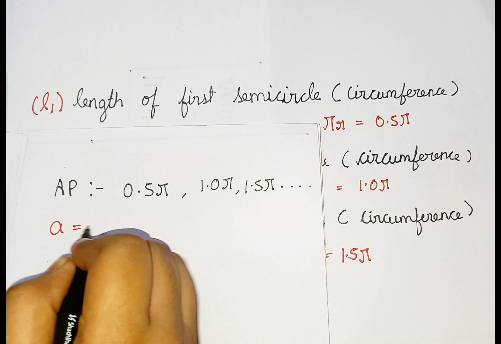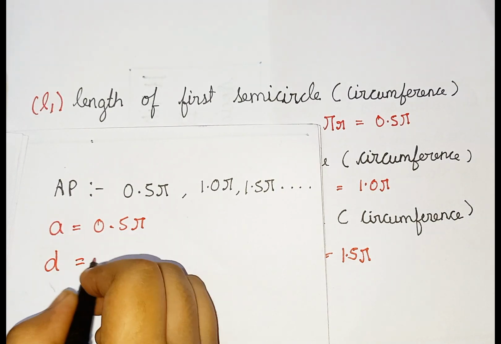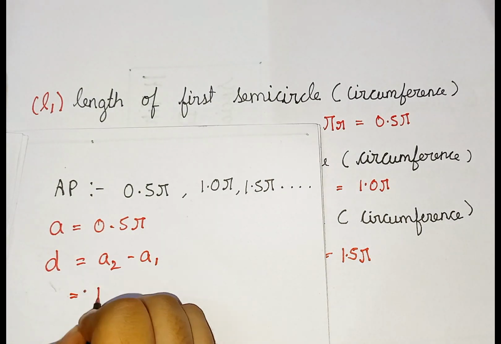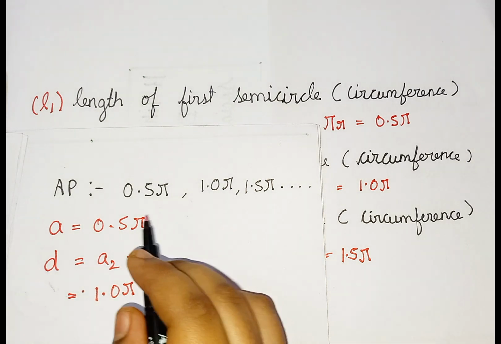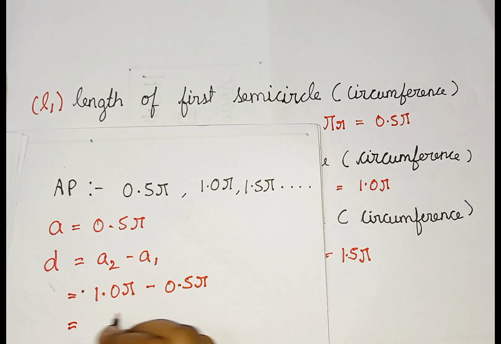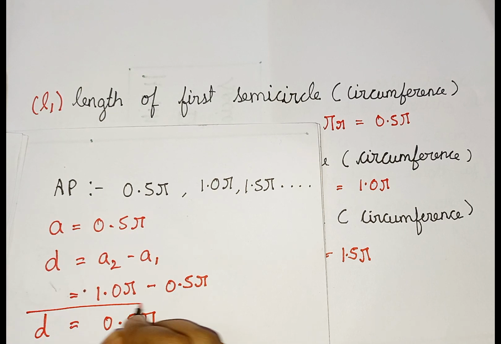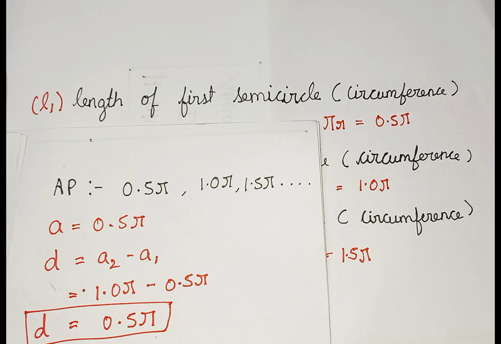The a value is 0.5 pi and the d value, that is the common difference, is a2 minus a1. So a2 is 1.0 pi minus a1 value 0.5 pi. When we subtract them, we get 0.5 pi. So this is the d value, that is the common difference. Now we got the common difference.